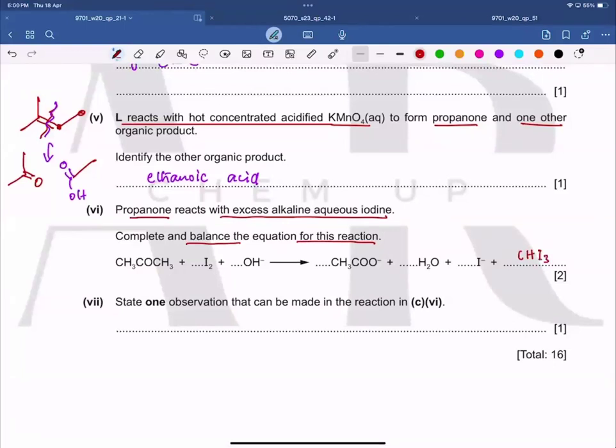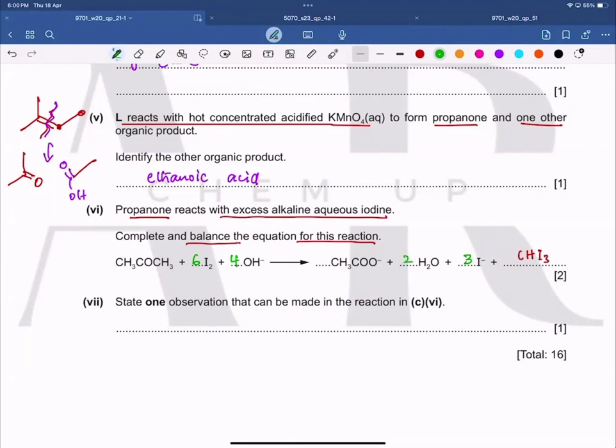That is missing. Now you have to balance the equation. So 6, 3, 4.